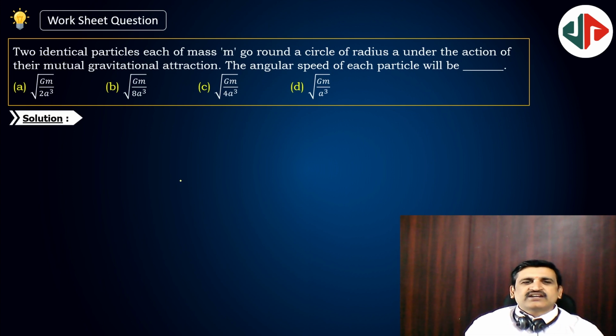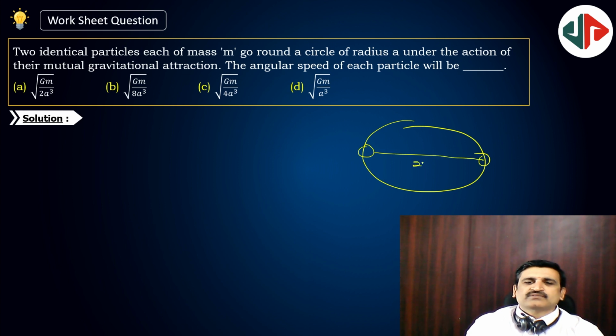Two identical particles of mass M go round in a circle under the action of their mutual gravitational attraction. The angular speed of each particle will be? Their separation is 2a, since the circle has radius a. Now the gravitational force of attraction is GM into M by 2a whole squared.